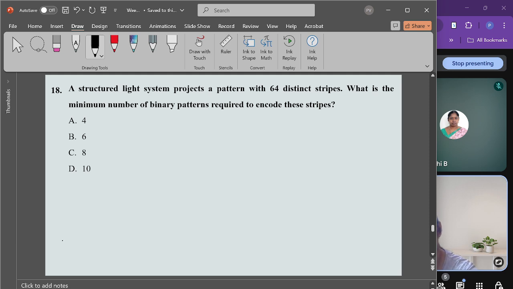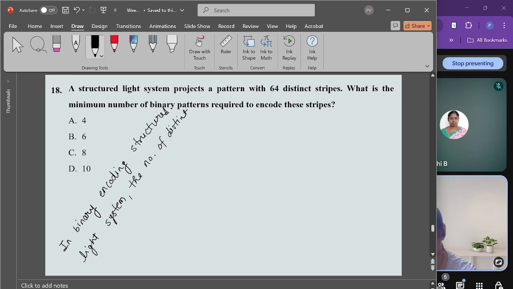Okay, I'm writing here. Binary encoding system, encoding structured light system, the number of distinct patterns that can be encoded is 2 to the power n.